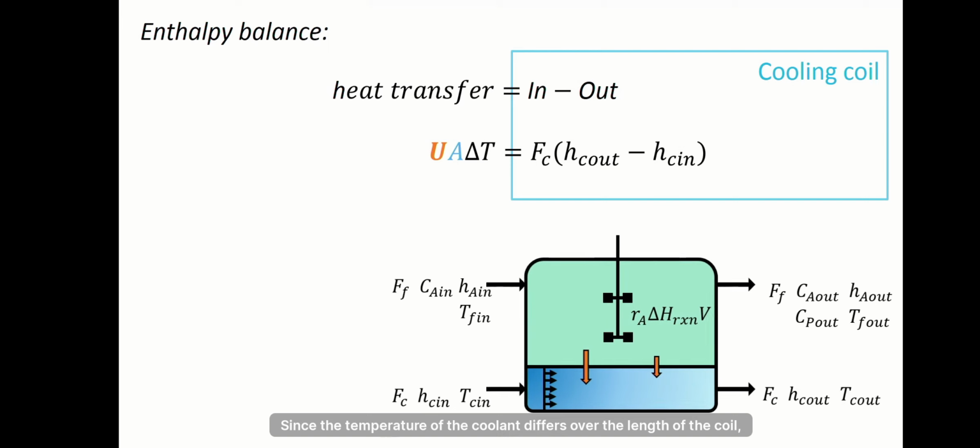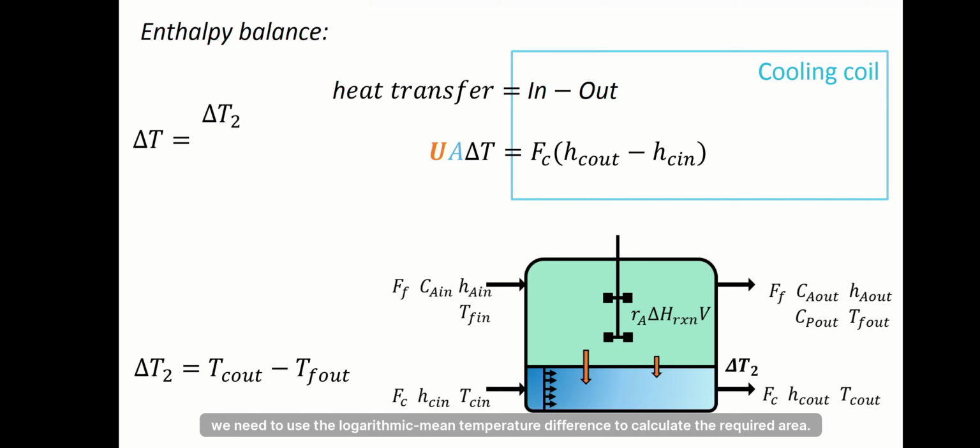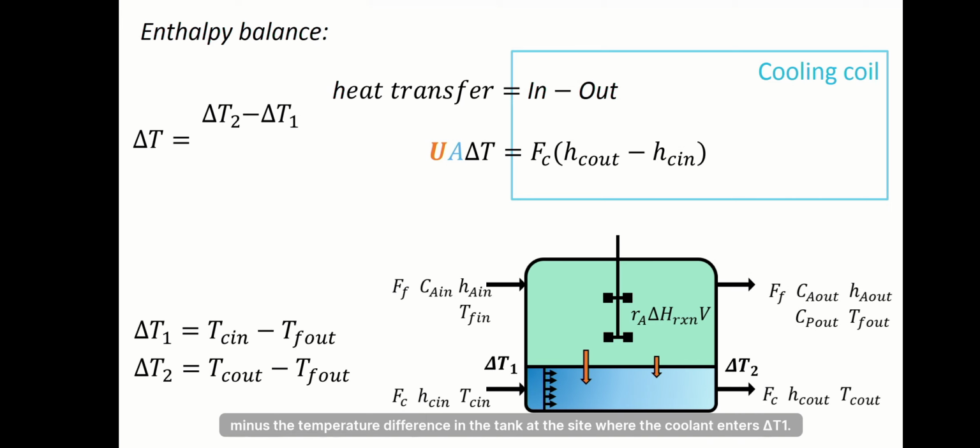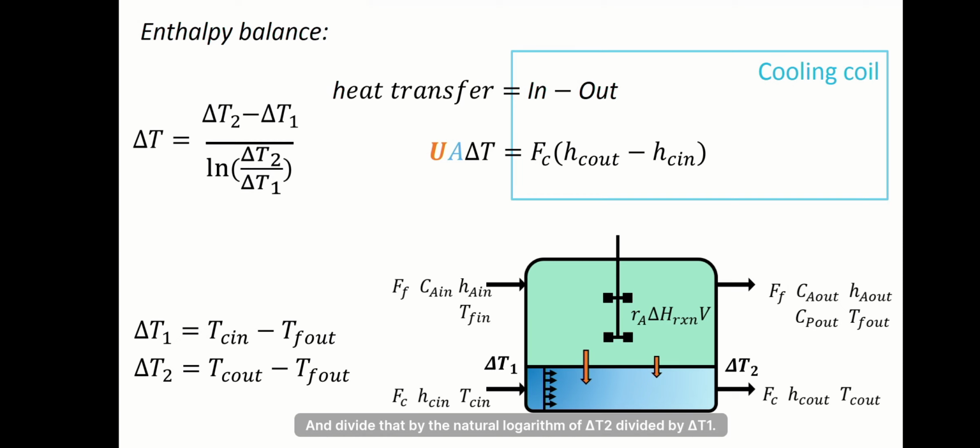Since the temperature of the coolant differs over the length of the coil, we need to use the logarithmic mean temperature difference to calculate the required area. So we take the temperature difference in the tank at the outlets, delta T2, minus the temperature difference in the tank at the site where the coolant enters, delta T1, and divide that by the natural logarithm of delta T2 divided by delta T1.